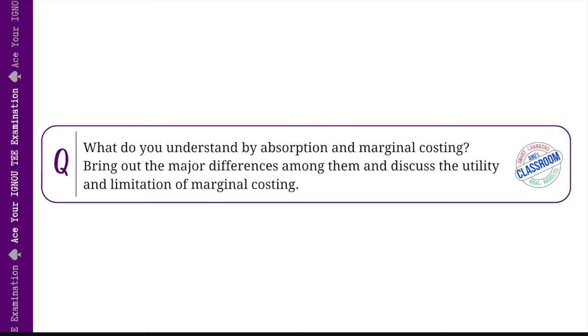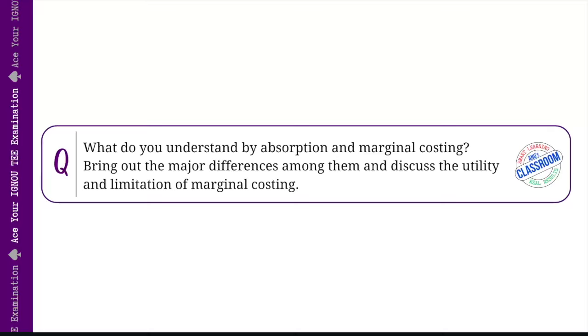One more point of difference I want to note between marginal and absorption costing is how managerial decisions are made. Both methods help in decisions like production volume or make-or-buy decisions, but marginal costing provides a sharper view of how costs are going to behave with changes in the output. So why is marginal costing useful?